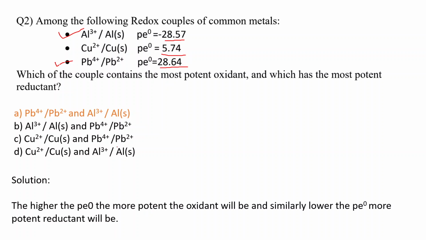The higher the value of pE naught, the more potent the oxidant, and similarly, the lower the value of pE naught, the more potent the reductant. Which has the highest value of pE naught? 28.64, right? So that is why this has the most potent oxidant. And the lowest pE naught here, because the value is minus 28.57, gives the most potent reductant.